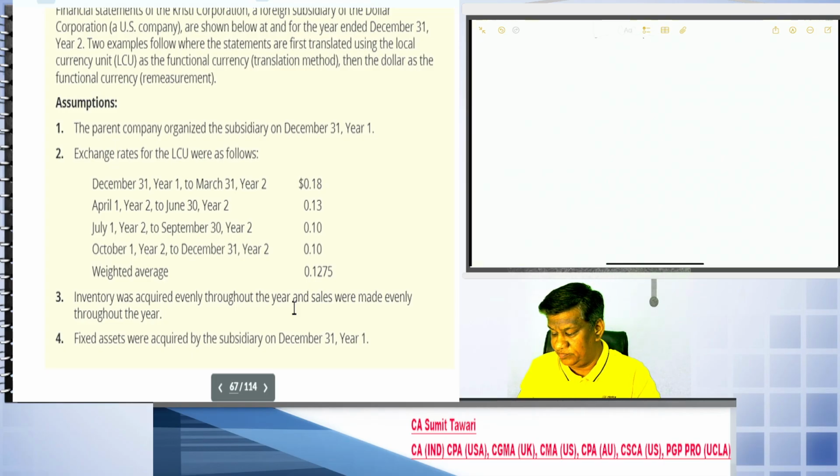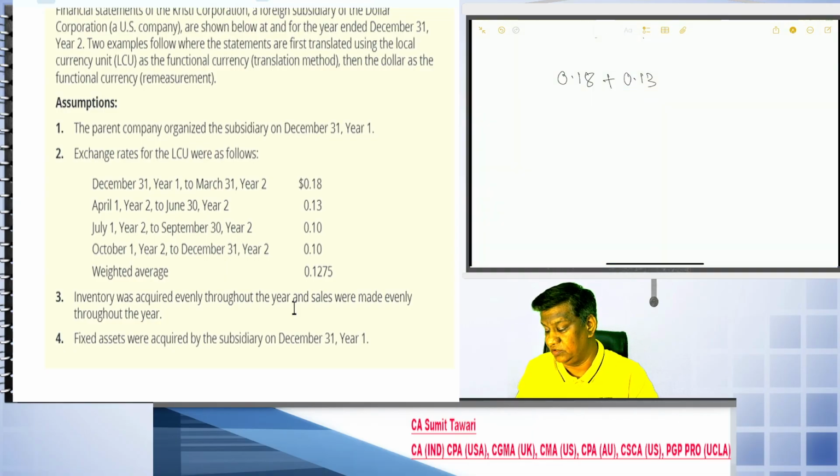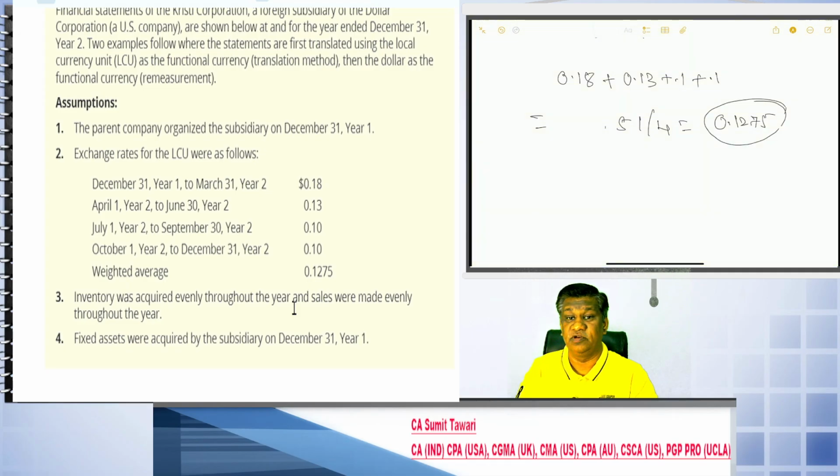Like for first 3 months, it is 0.18. Then again 0.13 for a second 3 months, and then 0.1 plus 0.1. So if you see this, it is 0.51, and then if we divide by 4, it is basically again 0.1275. So it is more or less equal to the weighted average.